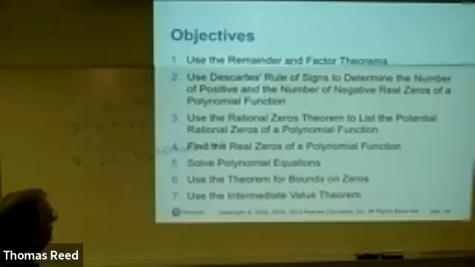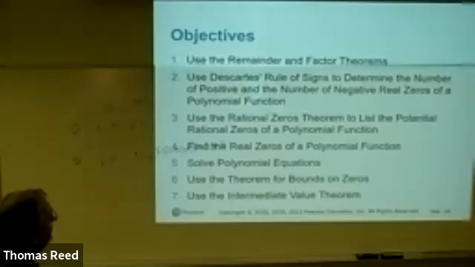Well, we'll get into that. There's no easy way to say it short and sweet; it'll just be more confusing. And then we'll use Descartes' rule of signs to determine the number of positive and negative real zeros of a polynomial function. This does not directly help us find what those zeros are, but it gives us a starting point, or an idea if we're headed in the right direction.